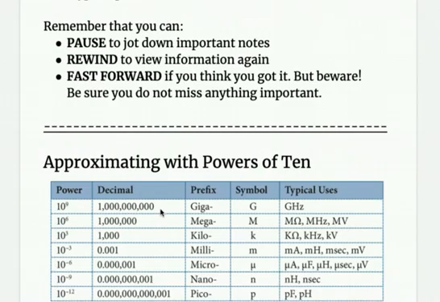Usually we use a prefix of giga, like gigahertz when we are measuring something with electricity. 10 to the 6th power has 10 multiplied by itself 6 times and 1. And it has 6 decimal places, or 6 zeros at the end. That's usually mega as the prefix. Megahertz, megavolts. 10 to the 3rd power has 3 decimal places, or 3 zeros, and that's kilo.